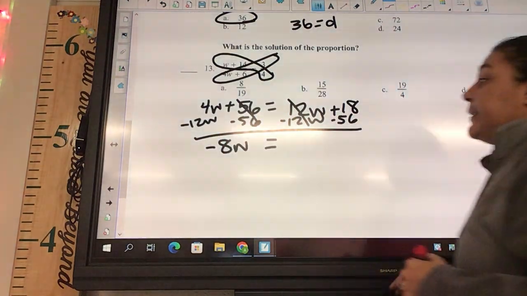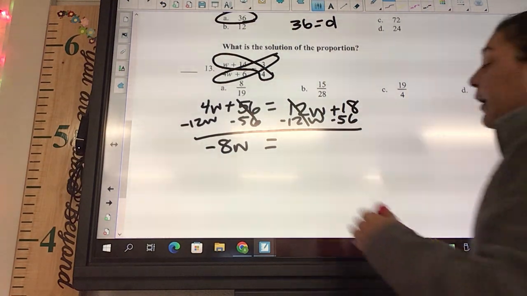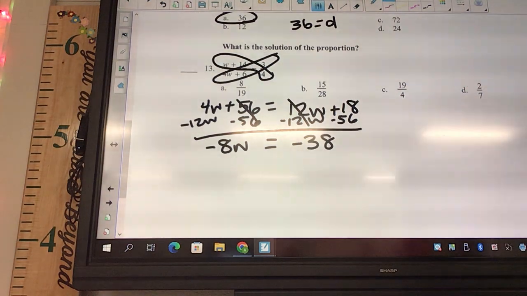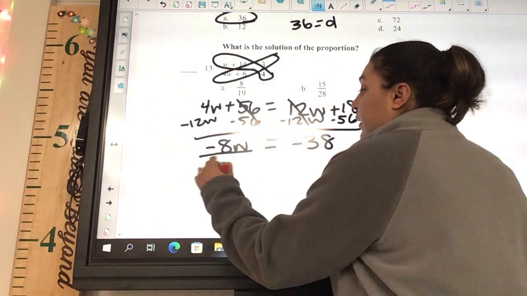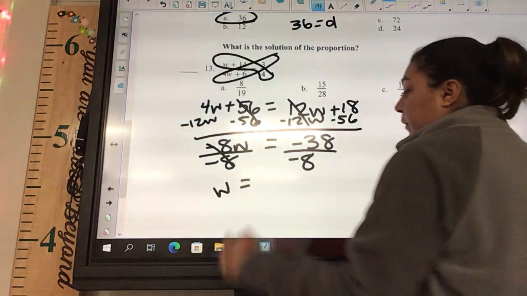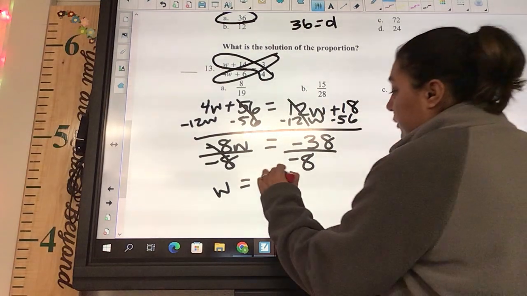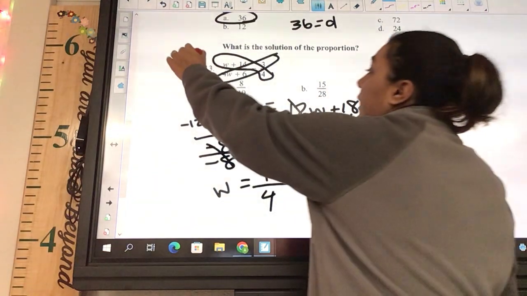And then 18 minus 56. 38? And then what? Divide by negative 8. What is negative 38 divided by 8? 19 over 4. Your calculator will simplify that fraction for you. So that one's going to be C.